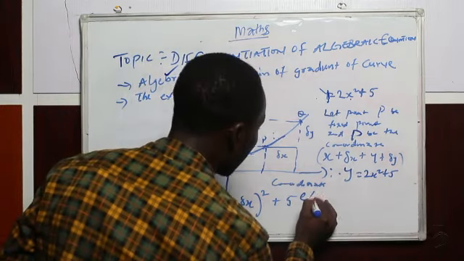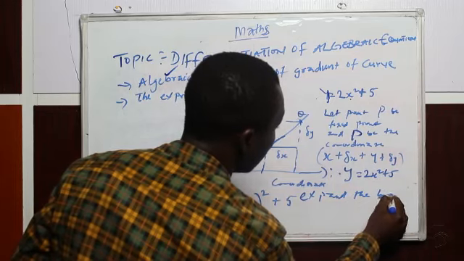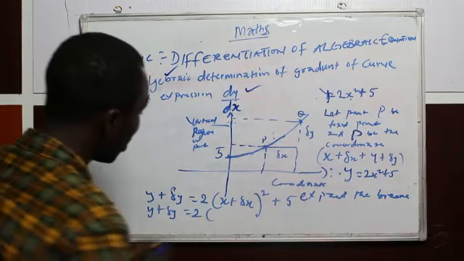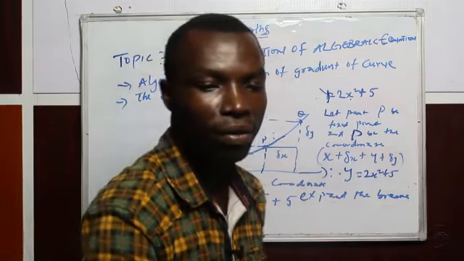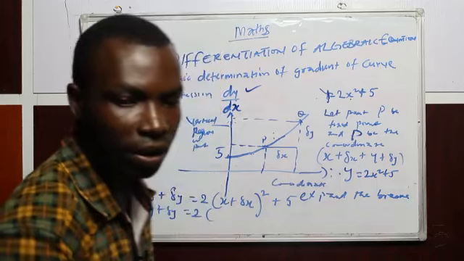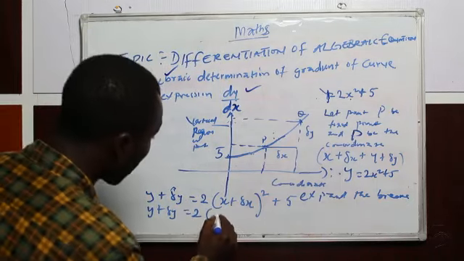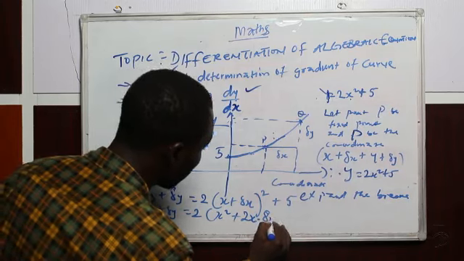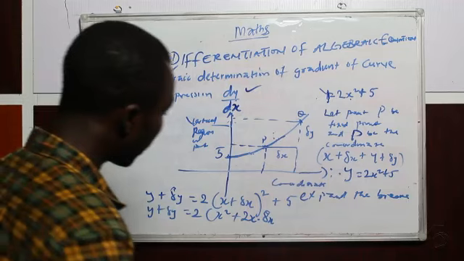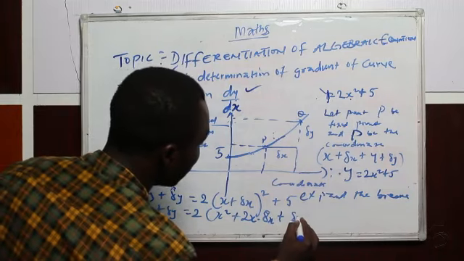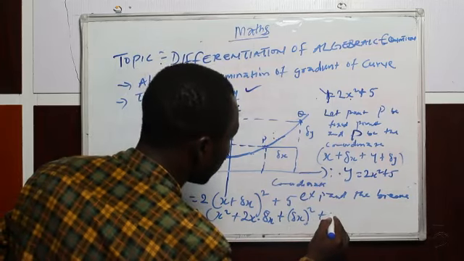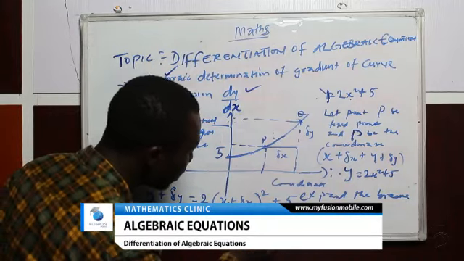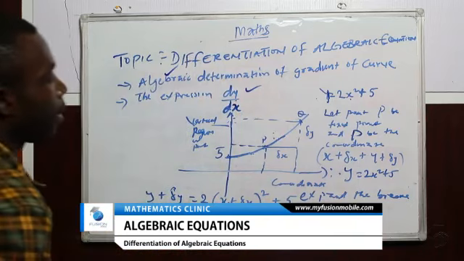Now we have to expand the bracket. We have y plus sigma y equal to 2 bracket, and when we expand this bracket, we are going to have x squared plus 2x dot sigma x plus sigma x all square, plus 5.